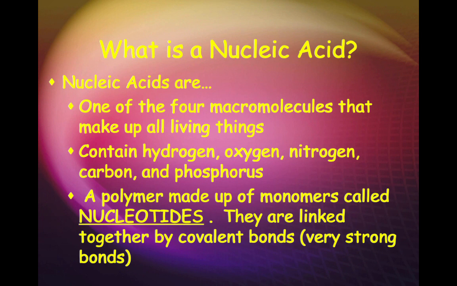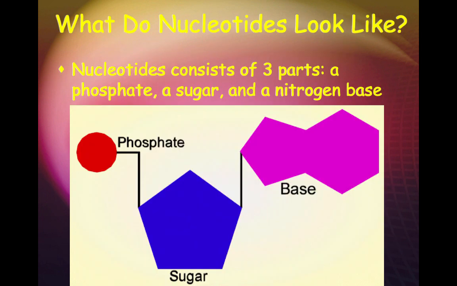But as we see, we're going to talk about the structure of DNA. There's a couple of different bonds in DNA that you'll have to pay attention to because it'll be quite important for the process of replication. So a nucleotide, that's the building block of nucleic acid, is basically made up of three parts.